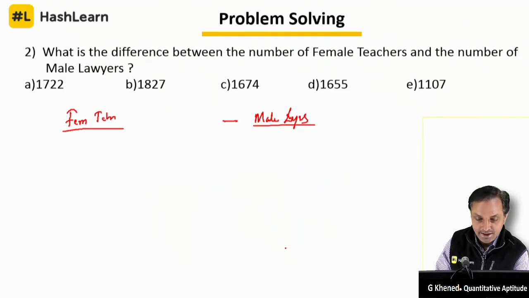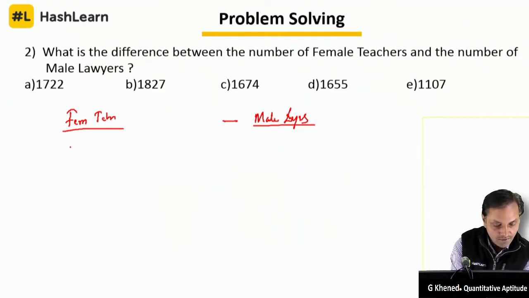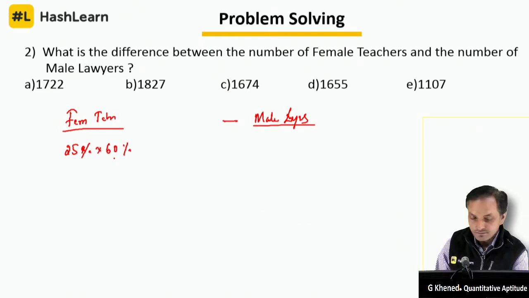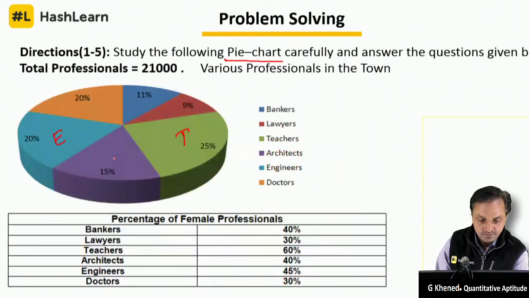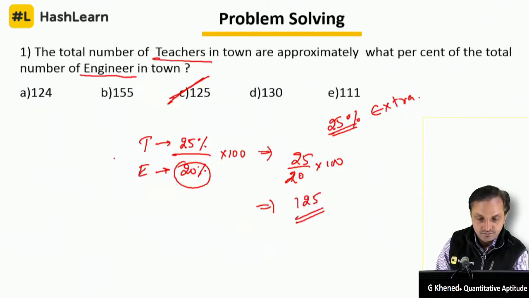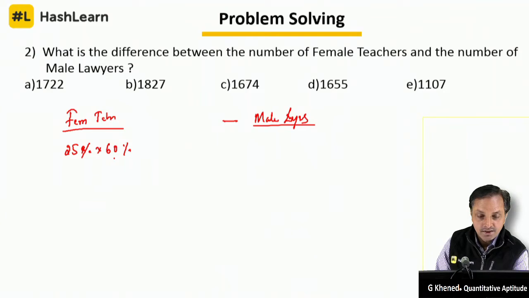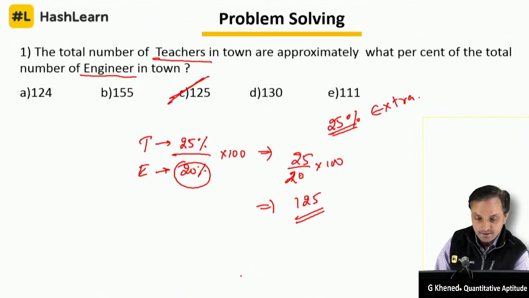So how to write the data of the total? 25% are teachers into 60% are female. Then comes female teachers, right? Okay. Then the number of male lawyers.